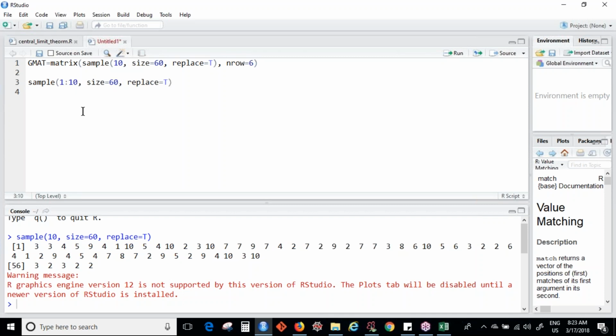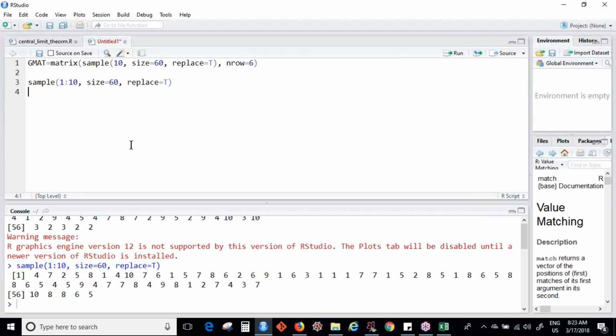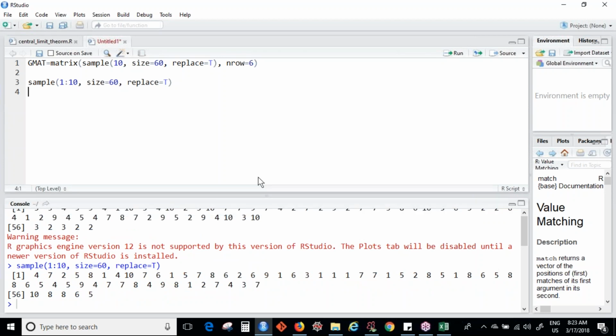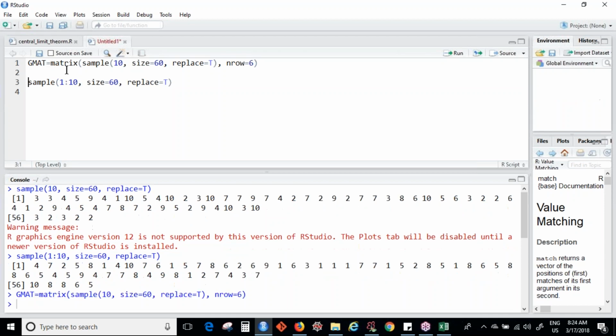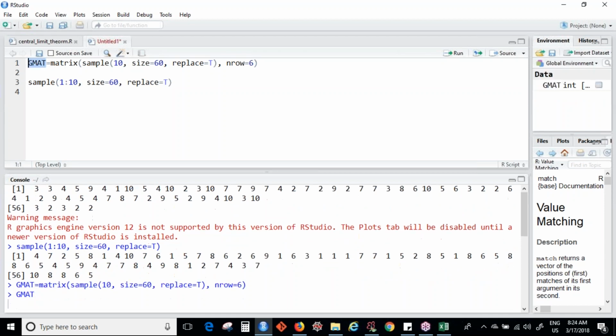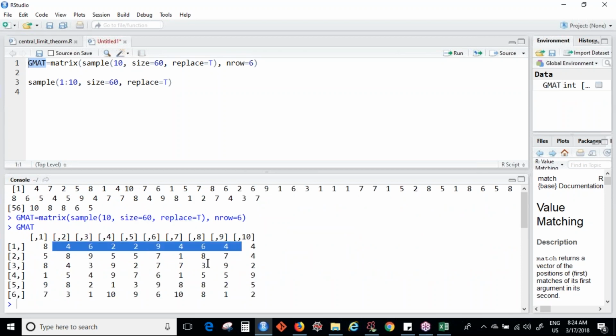So it is equivalent to giving this. It is strange, it should not happen, but that's what it assumes because you have given only one number. R assumes that your population cannot be just one number, so it starts from 1 basically. So this is what your sample function will give. And when you write matrix on top of it, it will just create a matrix out of those random numbers.